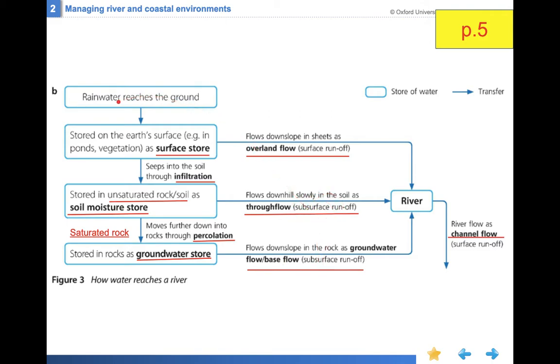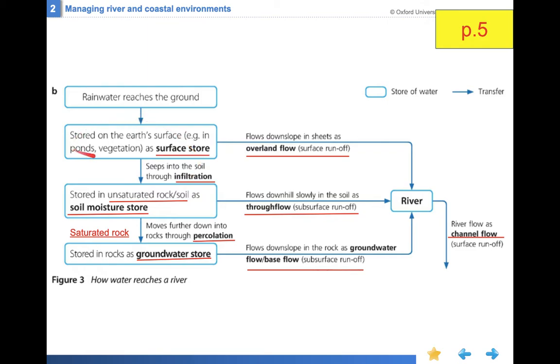Once the water reaches the ground, it might be stored on the surface, for instance, inside the small ponds and the vegetation, like what I mentioned about the stem or the drip, the leaves. These are what we call the surface store of the water.